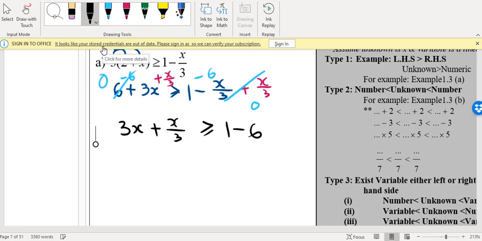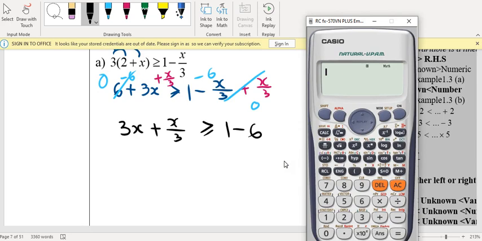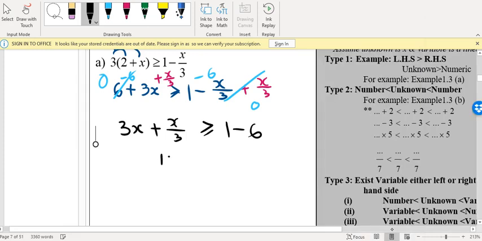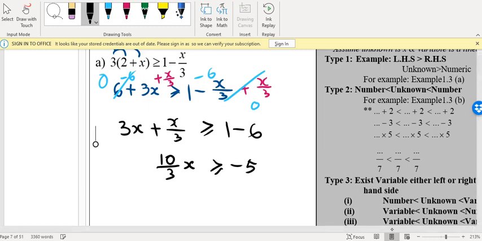How to solve 3x plus 1 over 3x? Clearly it is 3 plus 1 over 3. If it's hard to see, get your calculator. 3 add up with 1 over 3, you have 10 over 3. So 10 over 3x. 1 minus 6 is negative 5.